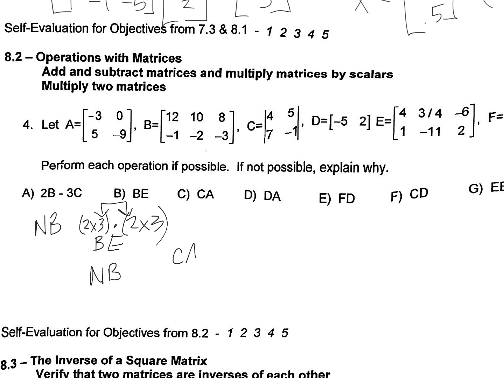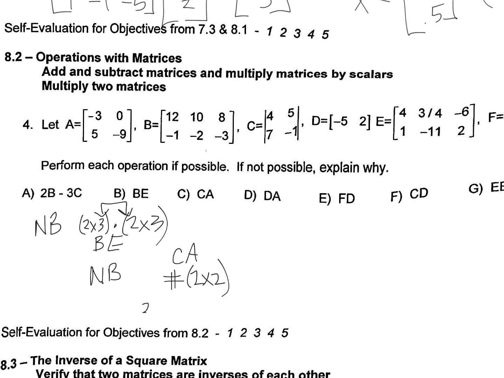Let's check out C times A. C is a determinant, which would be a number, so I'm just going to put this as a number. And then A is a 2 by 2. Is it possible to multiply a number, which in matrix lingo we call a scalar, by a matrix? Absolutely, we multiply it in by all terms.